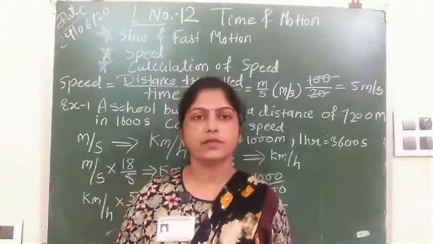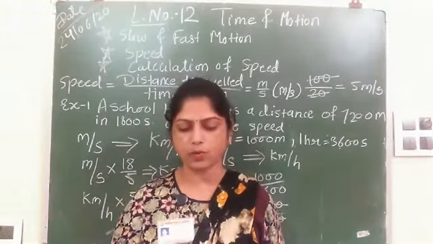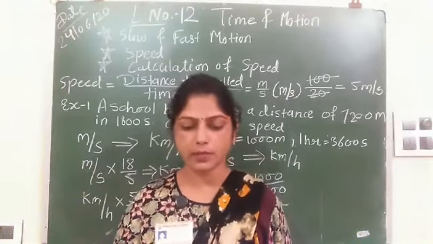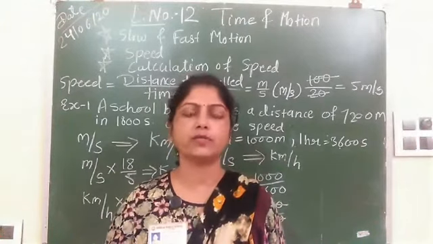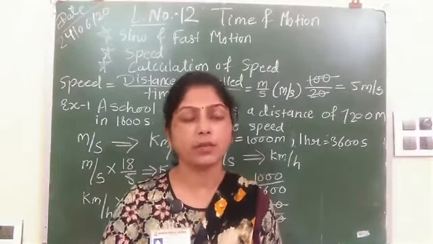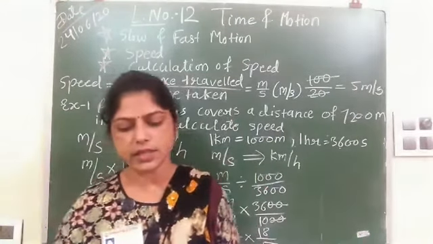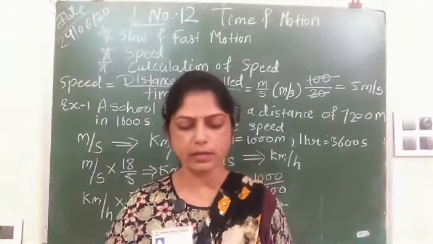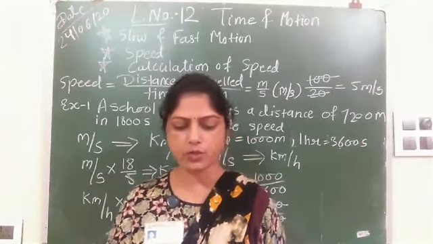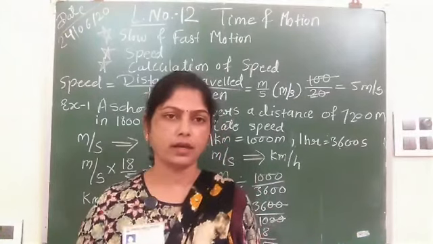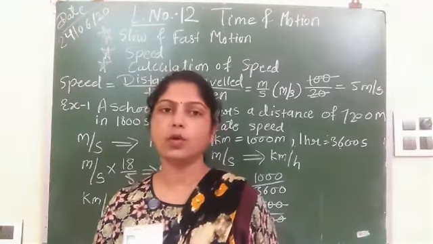Two more terms are given in the book, that is speedometer and odometer. The instrument measuring the speed of the vehicle is called speedometer. And the distance traveled by the vehicle is given by an instrument called odometer.